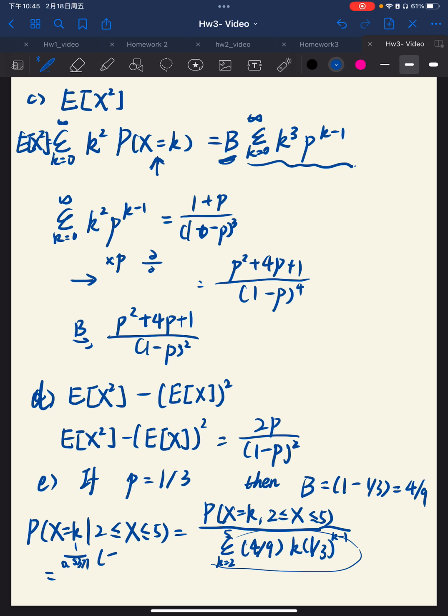We cannot find a simple closed-form result, but we can express it in the formula as (4/9)(1/3)^(k-1) k divided by the sum, where k equals 2, 3, 4, 5, since it's discrete, and it equals 0 otherwise.